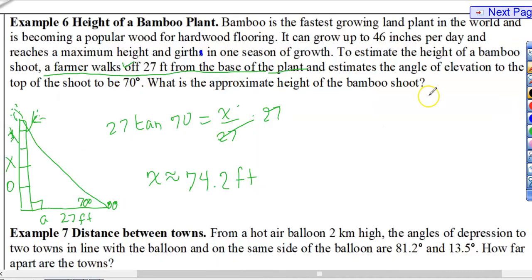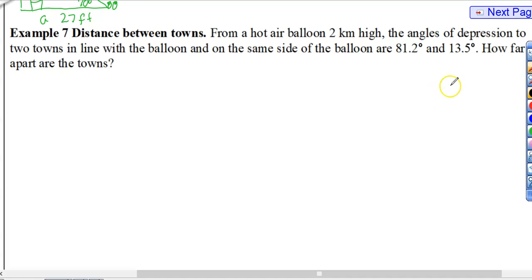Okay, then last problem. All right, now this one doesn't come with a picture. And although it's a lot shorter word problem, it's more complex to solve. So let's see if we can read it, and then let's unpack it and see what we can figure out. Distance between towns.